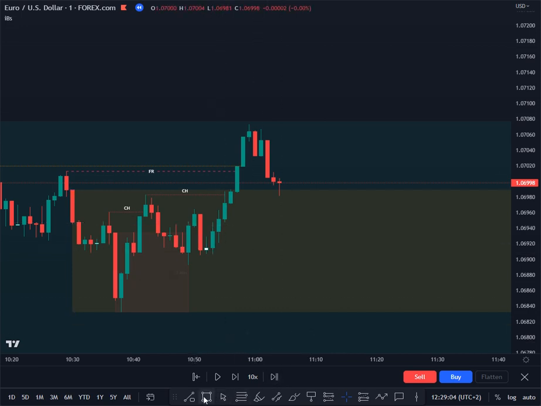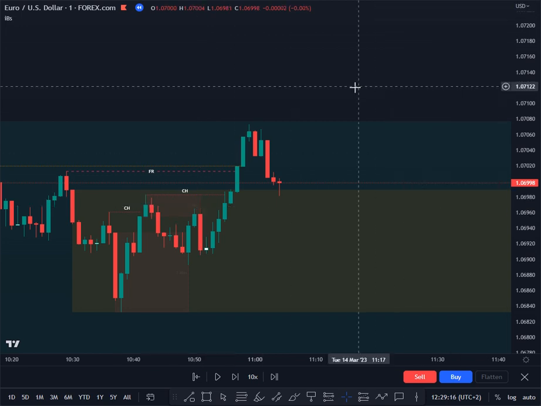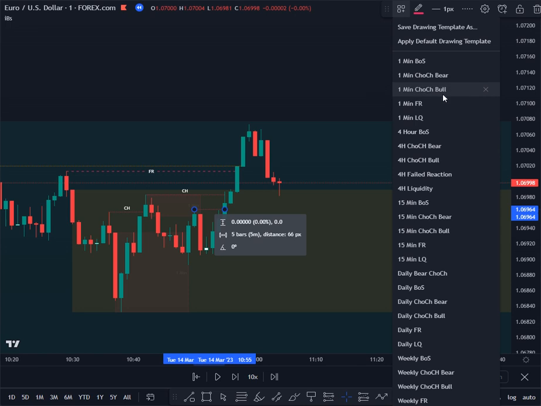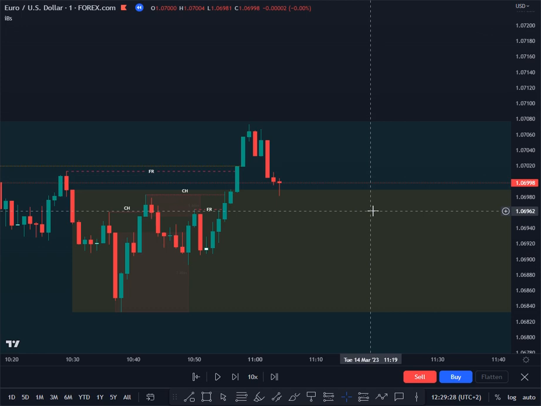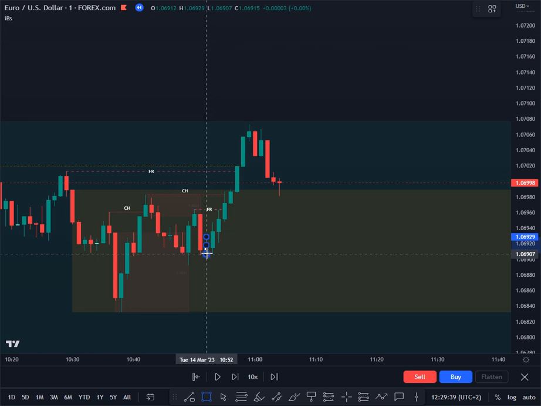So we also have a failed reaction because when price pulled back from the supply, it gave us this failed reaction. I'll explain all of this in just a moment, but I just want to see. Okay, so the last point of demand would be this candle over here.